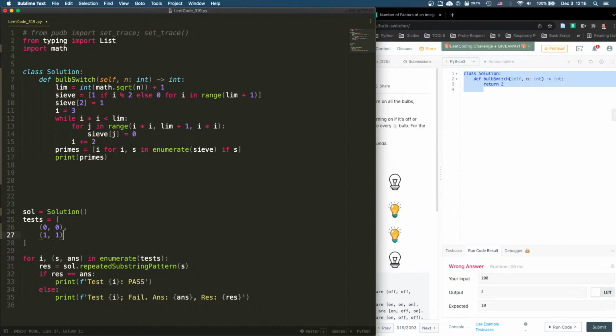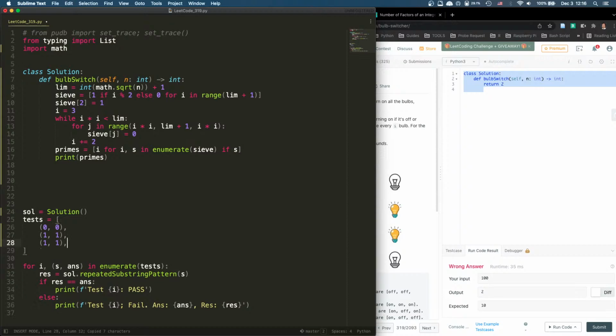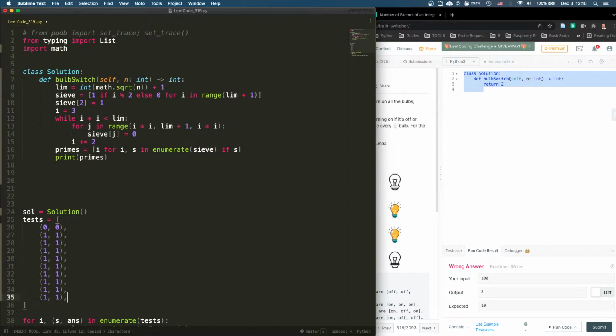Oh, so I have a bunch of test cases. 2, 3, 4, 5, 6, 7, 8, 9, 10, 11. No, I don't have 11. So it's 1, 2, 3, 4 is 2, 5, 6, 7, 8, 9 is 3, 10 is 3, 11 is 3, I don't know 12, but I know 100 is 10.